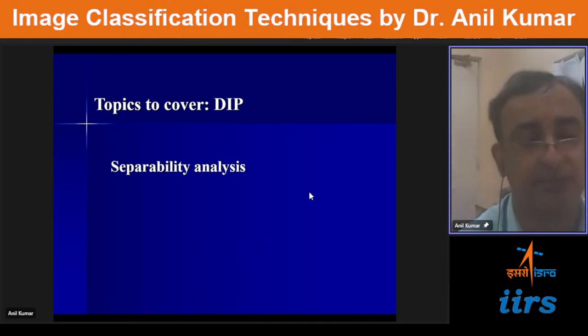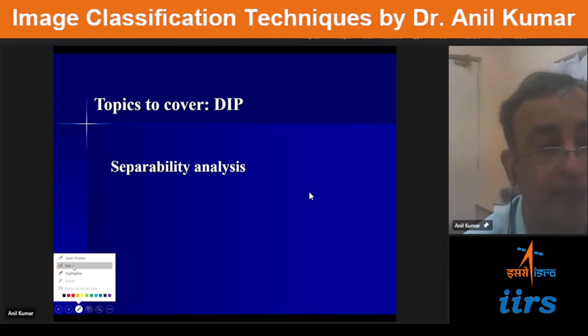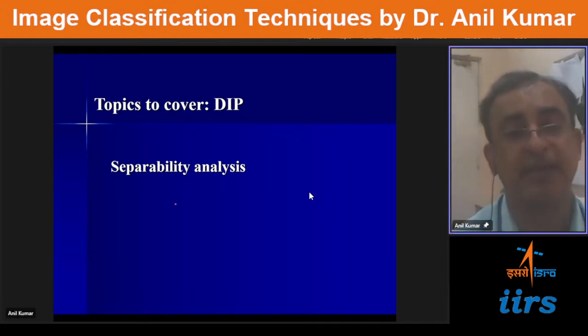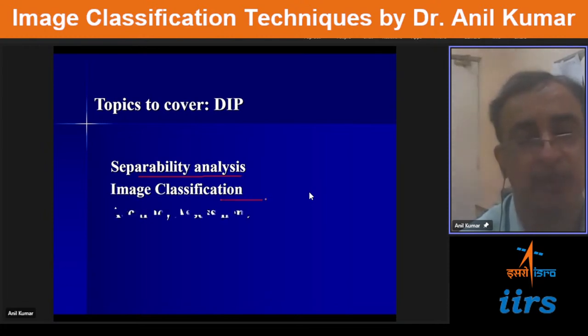One is separability analysis, which is very important before we consider any multispectral image to be used for classification. Then we will go for the image classification approach, then accuracy assessment. So these are the three broad topics which I'm going to cover in today's lecture.